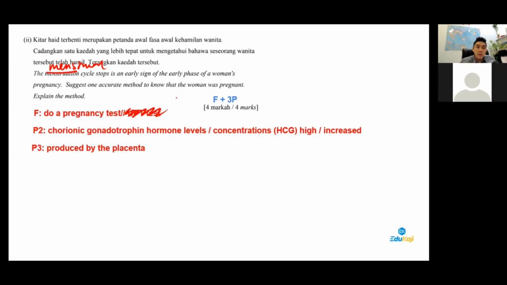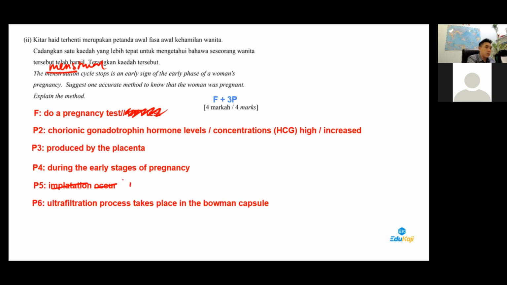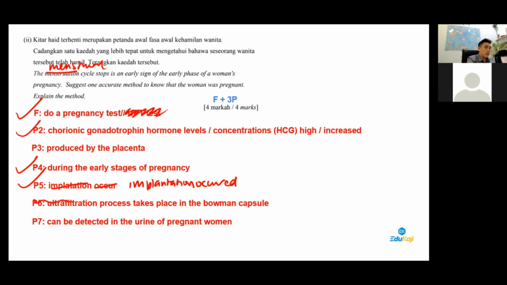This will be detected in the urine. So do a pregnancy test because HCG is high during early stages of pregnancy due to implantation. This can be detected in the urine of a pregnant female. Guys, I think these 5 points will be sufficient.